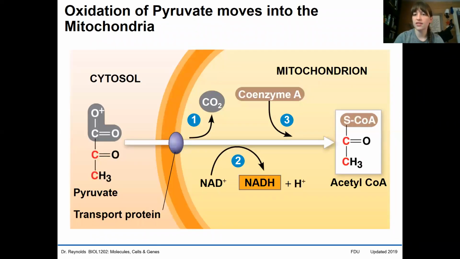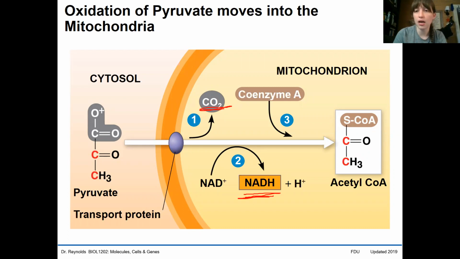Pyruvate from the cytoplasm, where we did this process of glycolysis, has a molecule of carbon which is removed. This carbon comes off as CO2. This is always going to be the form in which this carbon is removed. At the same time, the hydrogens released from this process are used to reduce a molecule of NAD+ to a molecule of NADH.